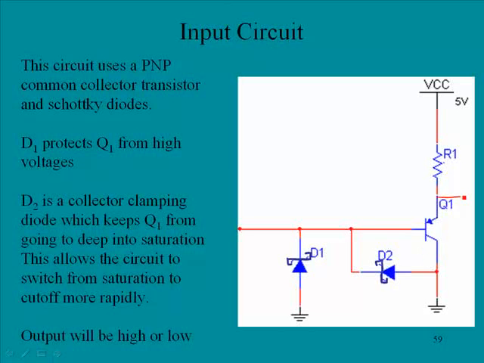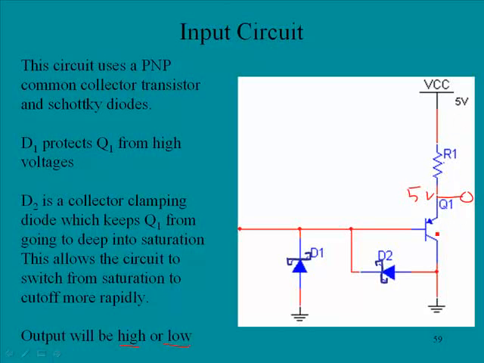And the output will come out here, and the output will be either a high or a low based on cutoff or saturation. And again, in this particular situation, if the transistor is cut off, then the full 5 volts would be felt right here.